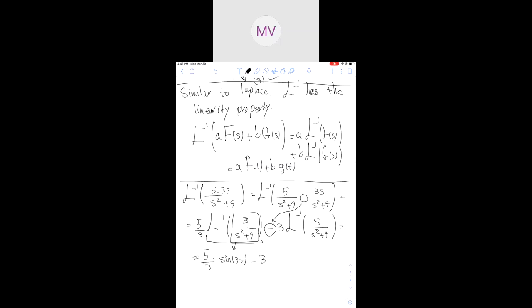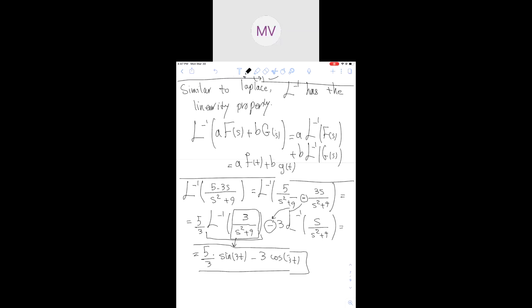What is that one? There you go, cosine 3t. Right? So that's it. The Laplace inverse of that function in terms of s above is this guy. Or the other way, if you take Laplace of this function, you get the whole 5 minus 3s over s squared plus 9 back. Okay?